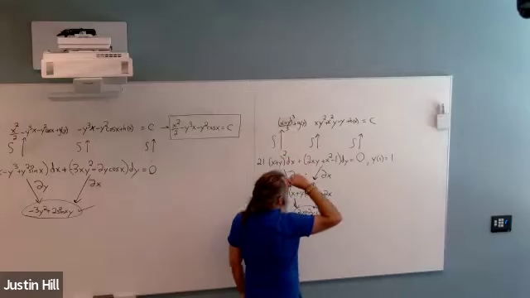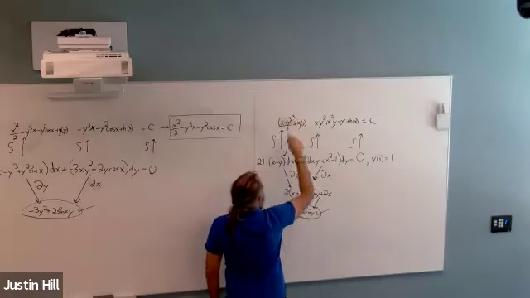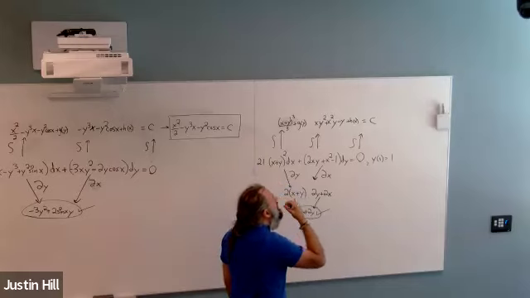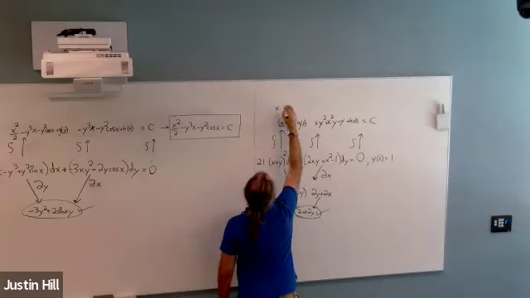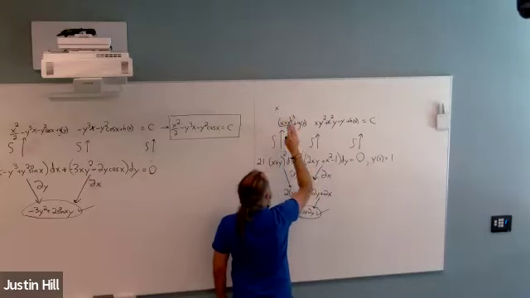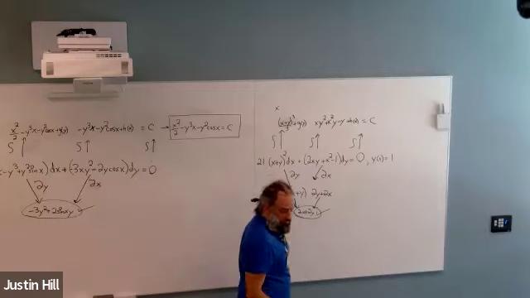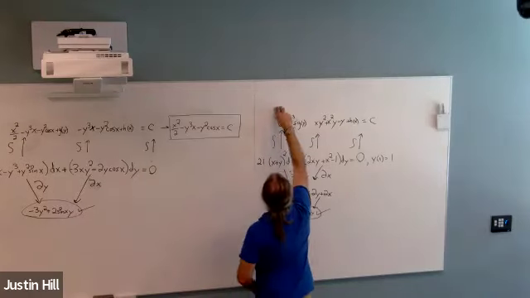To shortcut this for you, when you multiply out x plus y cubed, every piece is divided by 3, so let me factor that in.